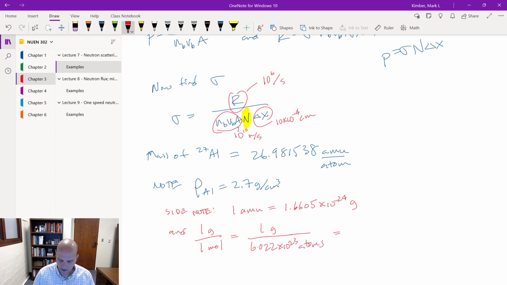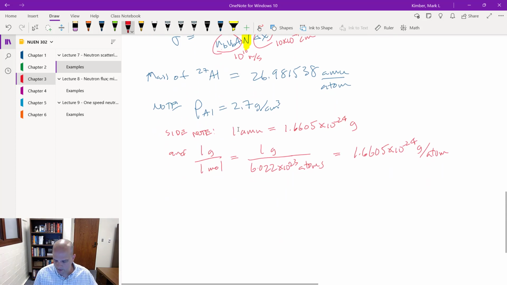And so this is going to be equal to, we want to know how many grams per atom, if you do that math, you find out it's 1.6605 times 10 to the negative 24th grams per atom. And so if we look at the grams per mole, which is typically what your mass numbers are given in, so gram per mole is going to be equal to AMU per atom.